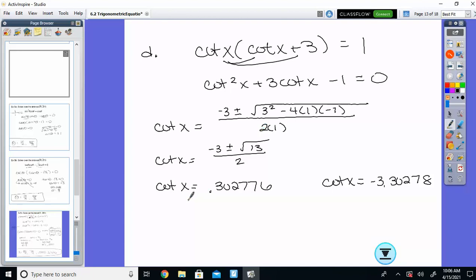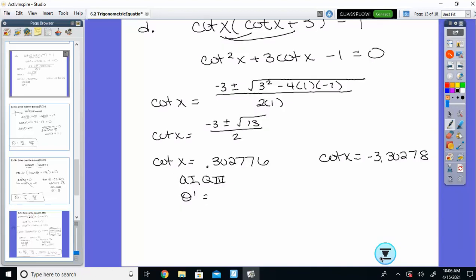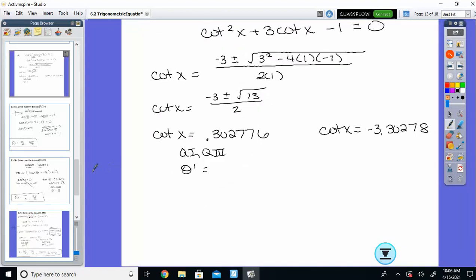When is cotangent positive? 3 and 1. Okay, to get our reference angle, in order to do this on your calculator, you have to think about tangent. So that means tangent is 1 over that. So you have to type in tangent inverse of 1 over that. Let's do degrees this time. So change to degree mode.